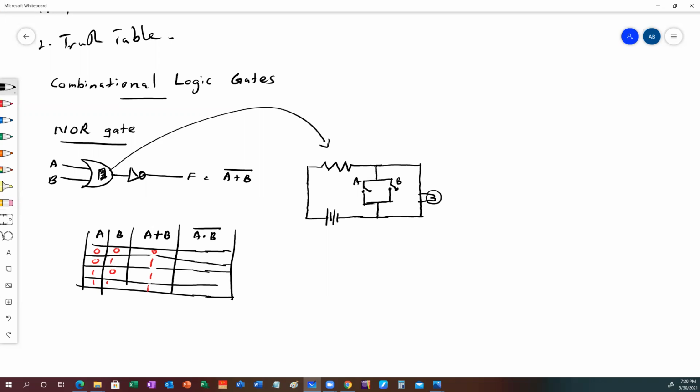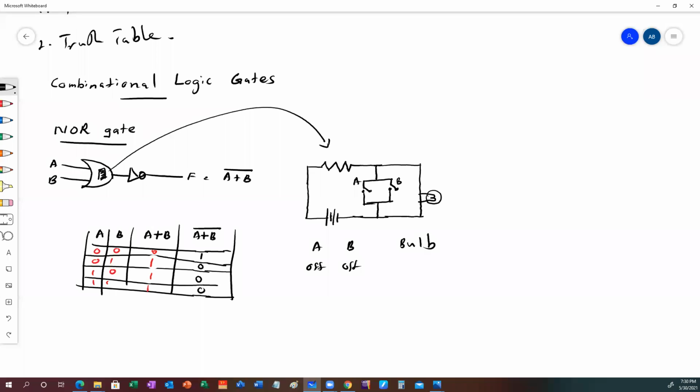Then here the inversion of that one. Right, then 1, 0, 0, 0. Switching circuit is right. Okay, now it's okay. Now here A, B, bulb. Then this one is off. A and B are in off position.